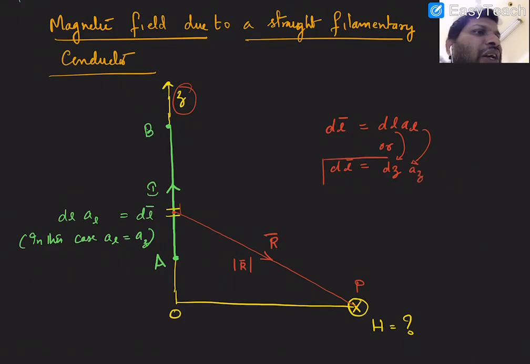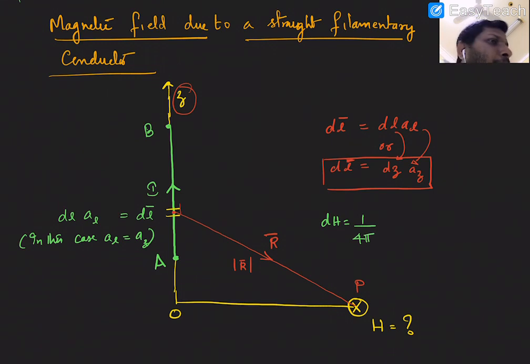So this is my dl bar in this problem, dz into az. Now according to the Biot-Savart's law, we will get dH equal to 1 by 4 pi I, then dl bar cross vector r, divided by the magnitude of vector r, the whole cube.